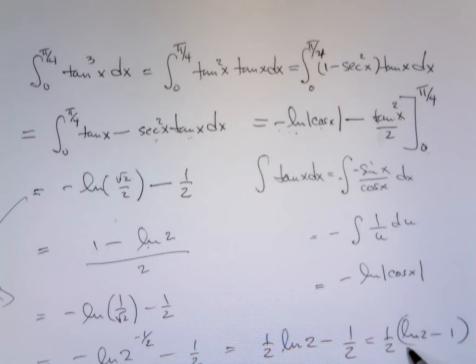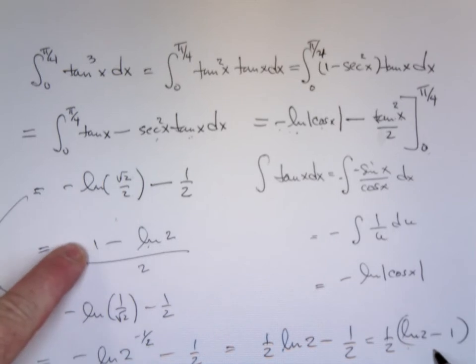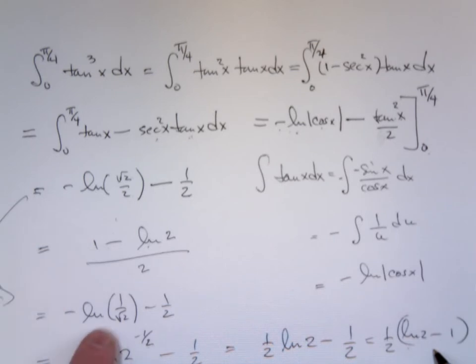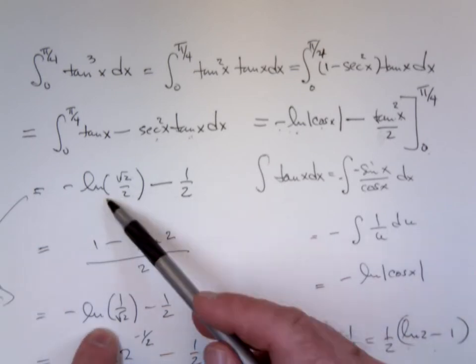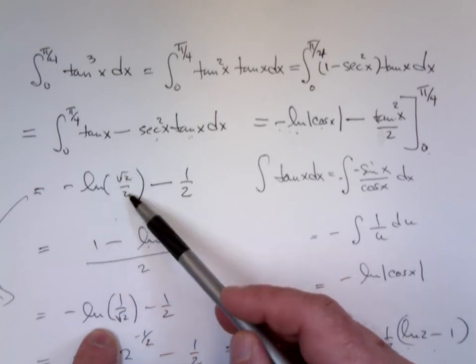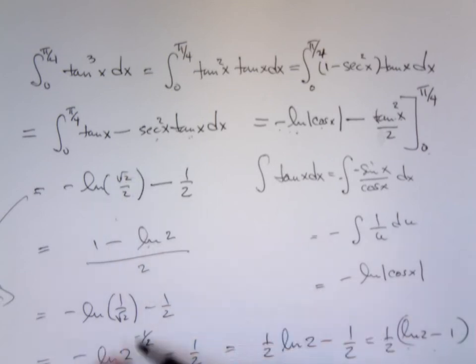Wait, so you got this answer? Yeah. Okay. This is 1 over the square root of 2, which is 2 to the negative 1/2. That comes out. That's 1/2 natural log 2. Take the 1/2 out.